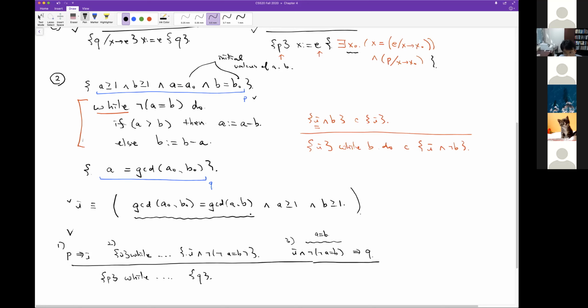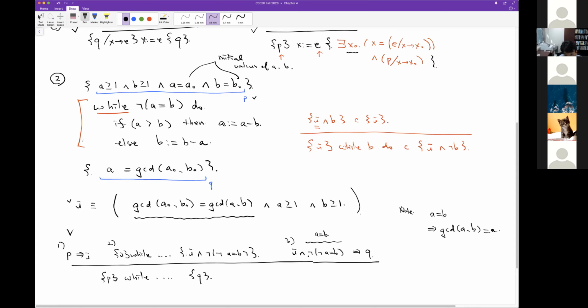If A and B are the same, their greatest common divisor is exactly A. So the greatest common divisor of A and B, if A and B are the same, is A.